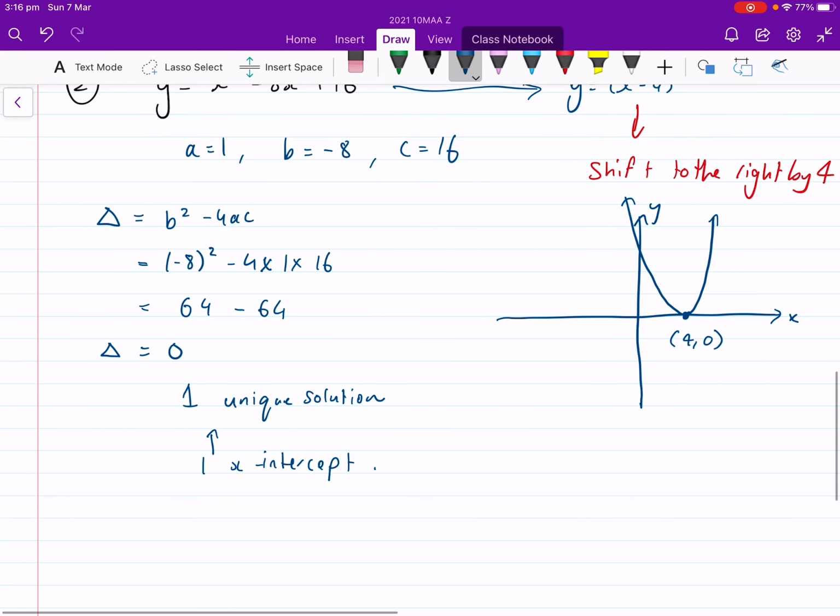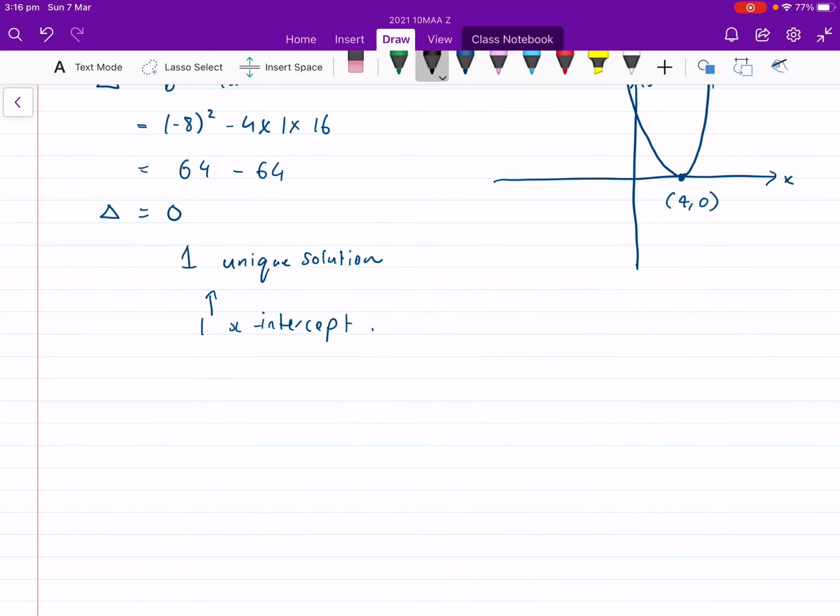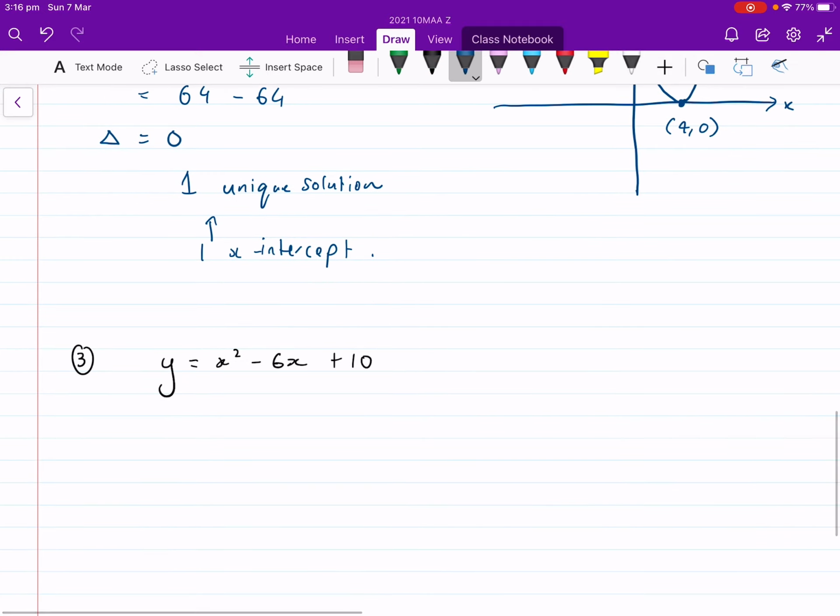Now, if I had something else, say, in example 3 here, y is equal to x squared minus 6x plus 10, here I'd have an a value of 1, a b value of negative 6, and a c value of 10.